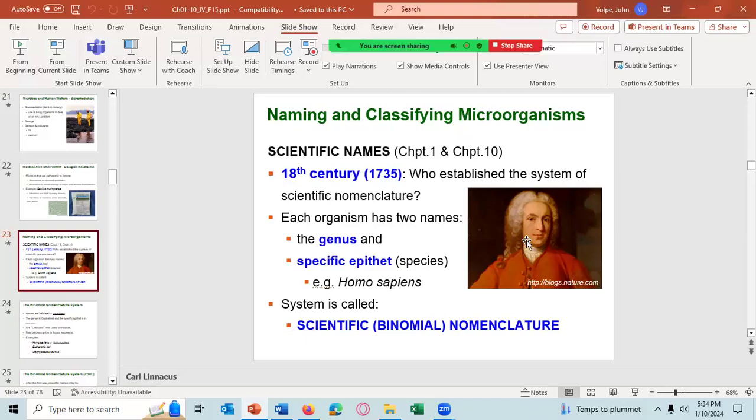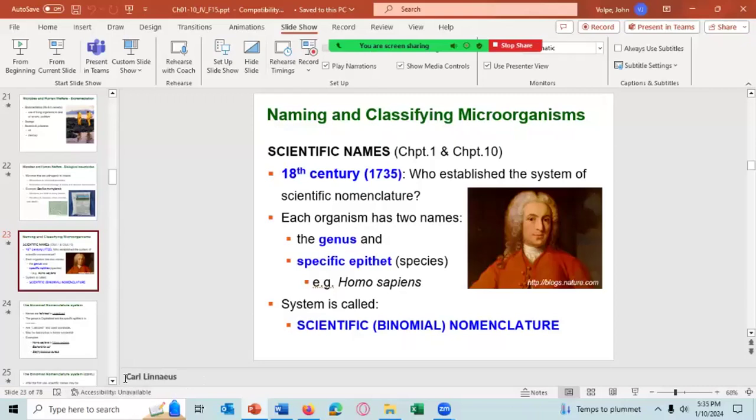Or Carol Linné is his, I think it's a Swedish name, but he liked Latin so much he changed his name to Carolus Linnaeus to Latinize his name. And I think your textbook calls him Carl Linnaeus, meaning they Latinized his last name, but not his first name.